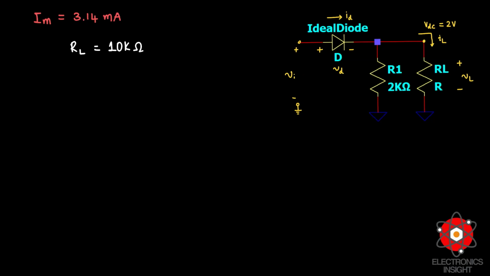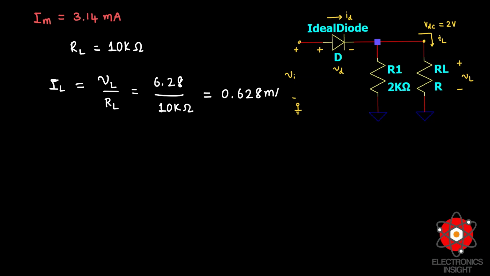With this, we solve for IL first. IL is VL by RL. VL we know is 6.28 volts, and RL is 10 kilo ohm. Therefore IL will be 0.628 milliamps.